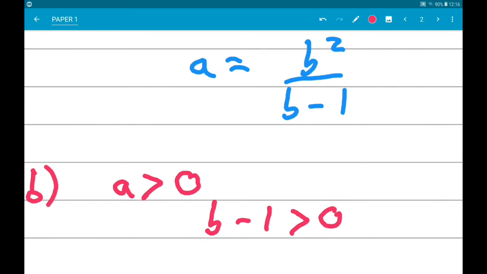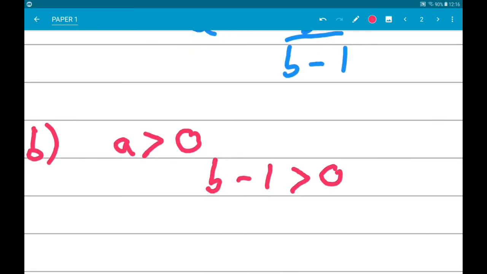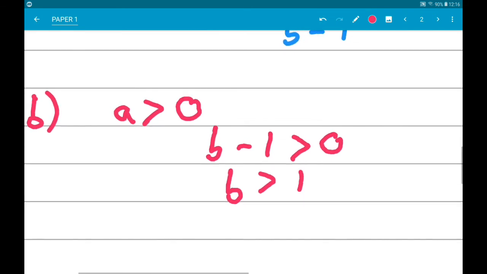Therefore, B must be greater than 1. Now, if we want another reason, then we could also say that B cannot equal 1 because then A would be undefined.